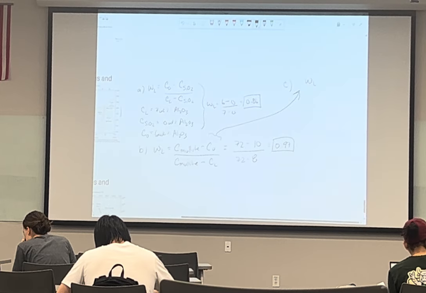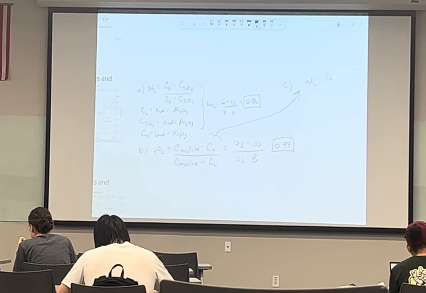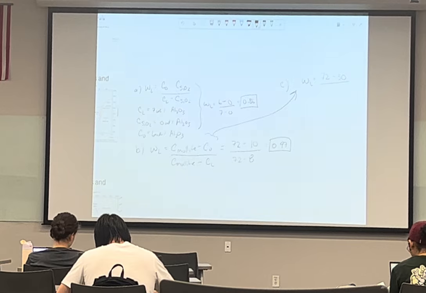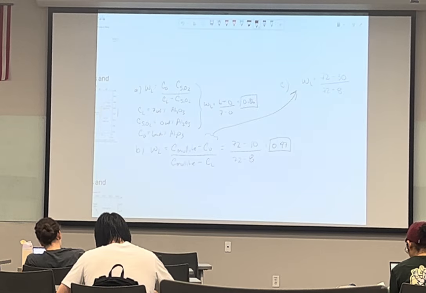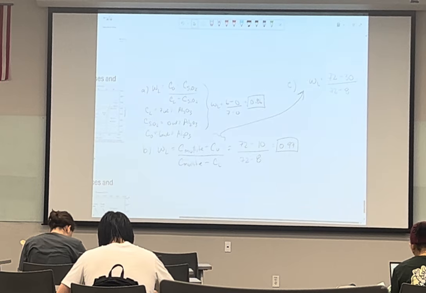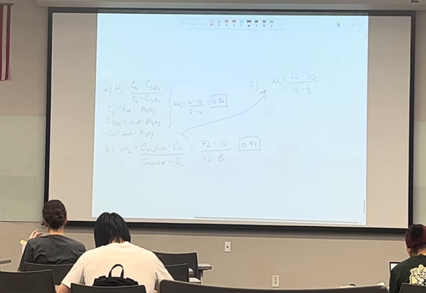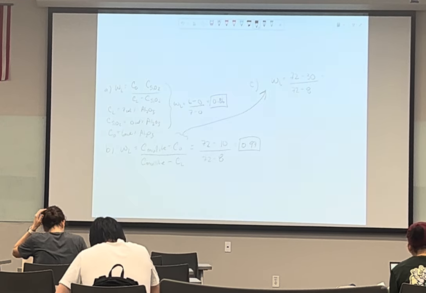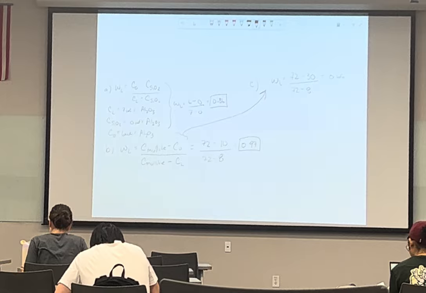So we're going to have mass fraction equal to 72%, which is the composition of the mullite at 1600, subtracted by the 38% in this case of the original composition, and that's going to be 72 minus 8 at the bottom. And that 88% is the composition of the liquid phase. So for part C, you should have 0.66 as your mass fraction.